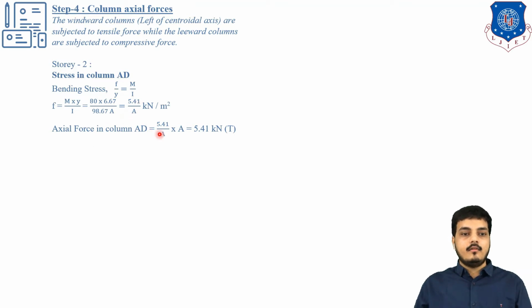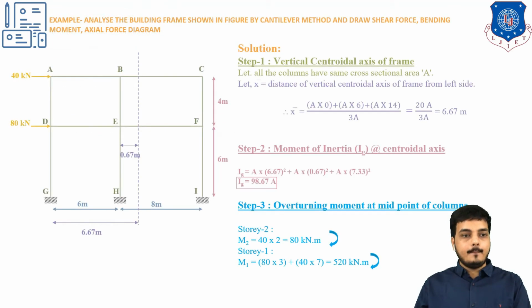My stress is 5.41 upon A multiplied by area. We have assumed the entire frame's columns have area A, so A and A cancel out, and we get the force as 5.41 kilonewton. So this is my force in column AD, and I have got the axial force for this column.